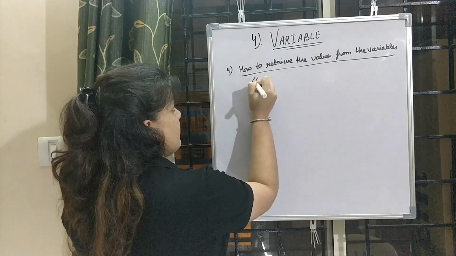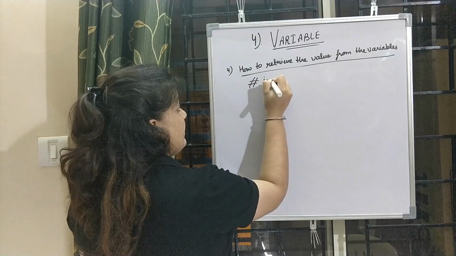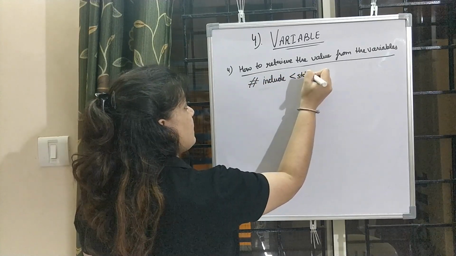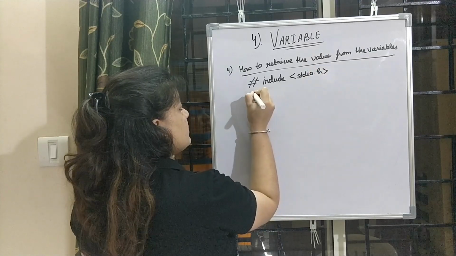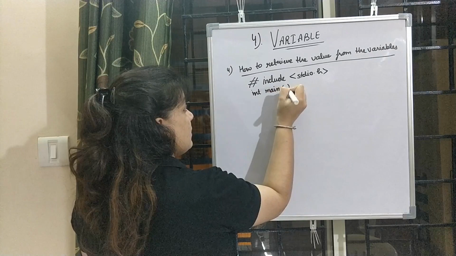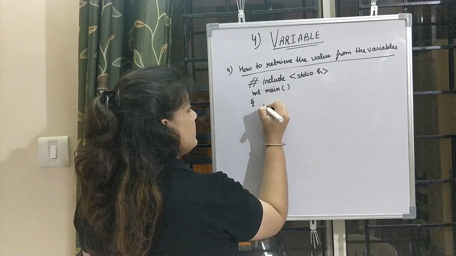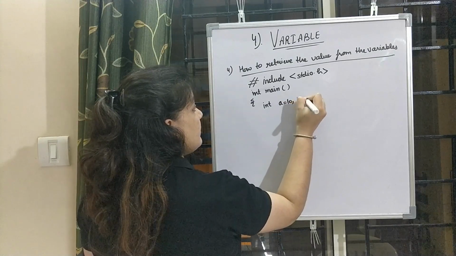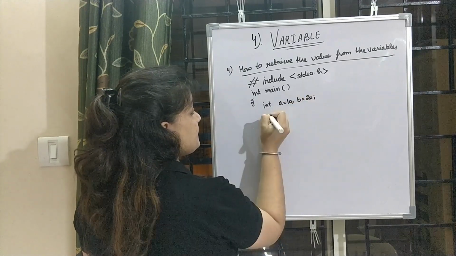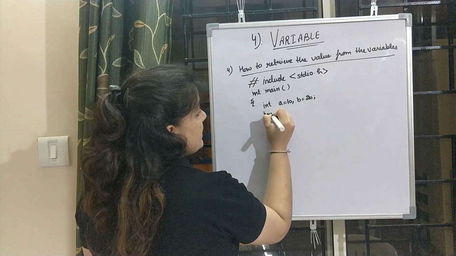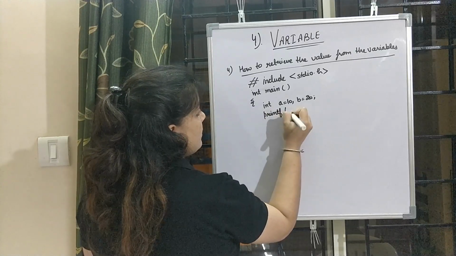For the C program, I will repeat that example only. Hash include stdio dot h, int main, then int a is equal to 10, b is equal to 20, and now here I am using the printf function.